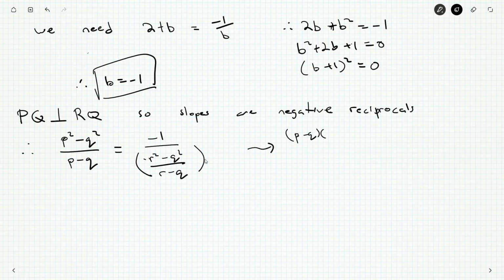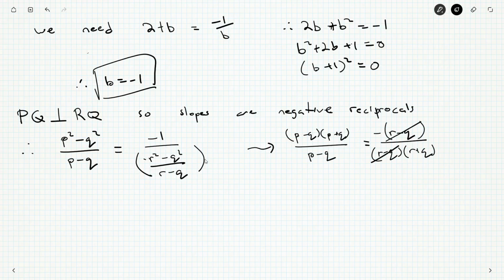P minus q and p plus q. This is a difference of squares formula. If you haven't seen it, there it is. And I suppose I can write this upside down: negative this, r minus q, r plus q. Cancels, cancels, cancels, cancels.